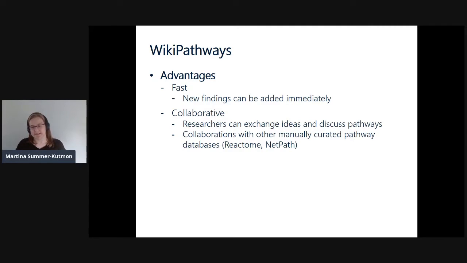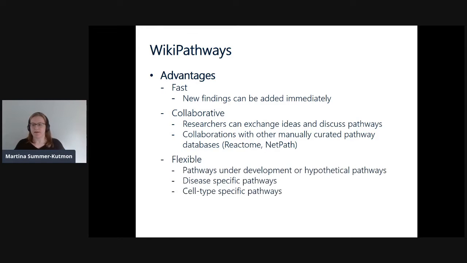We have successful collaborations with other manually curated pathway databases like Reactome and NetPath. It's really a complementary platform to the existing manually curated databases. Using the concept of quality tags, these are annotations which give information about the curation status of a pathway.